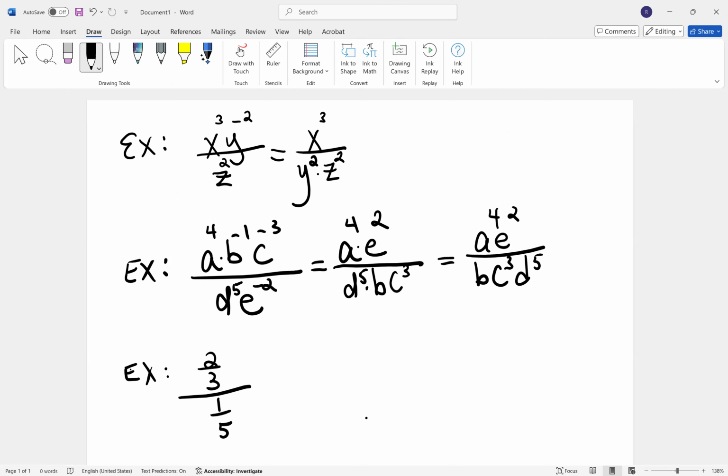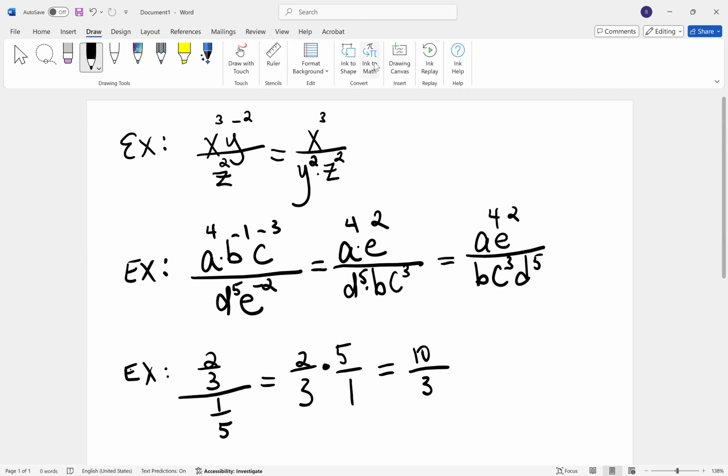Remember, when we divide fractions, we multiply by the reciprocal. So we take the numerator, which is 2/3, and we multiply it by the reciprocal of the denominator, so we multiply it by 5 over 1. Then 2 times 5 is 10, 3 times 1 is 3, and we get 10/3. That's how we simplify a fraction divided by another fraction. We take the numerator and multiply it by the reciprocal of the denominator.